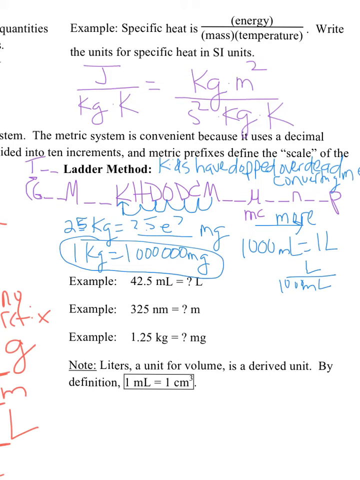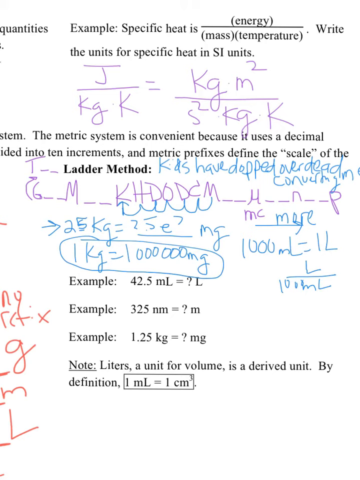If you're just doing metric conversions, there's even more of a cheater method, and that is to just move the decimal point, which is what I did here. So here I have 42.5 milliliters, and it asks me how many liters.